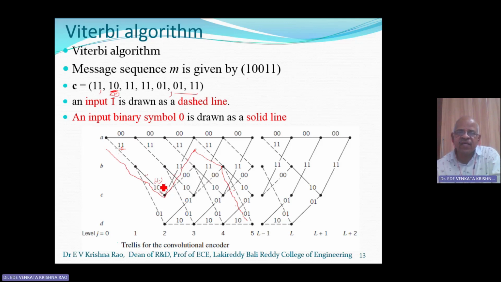If you select that by discarding all others, even a 1 bit error can be corrected: instead of 0, 0, that can be taken as 1, 0. So we detect this error and we also correct that error.